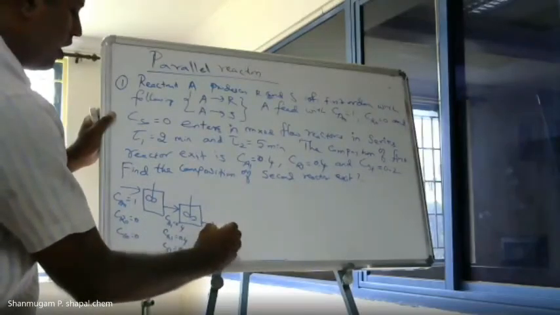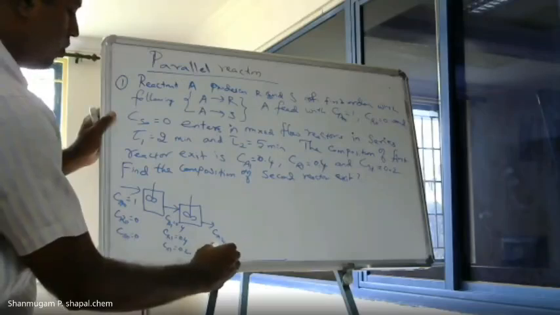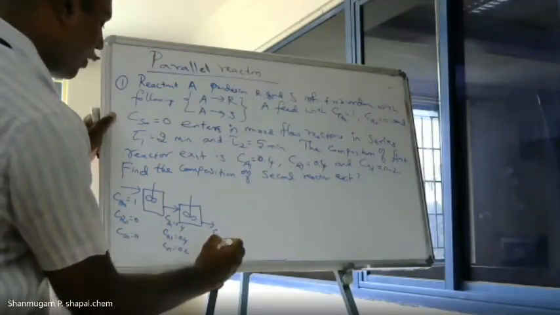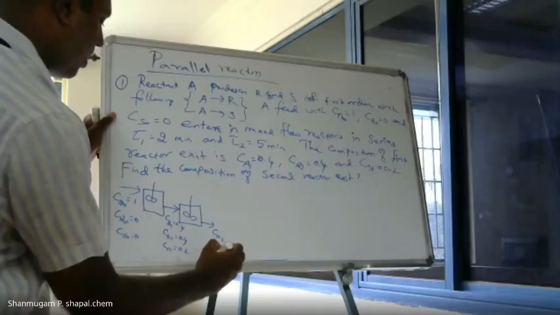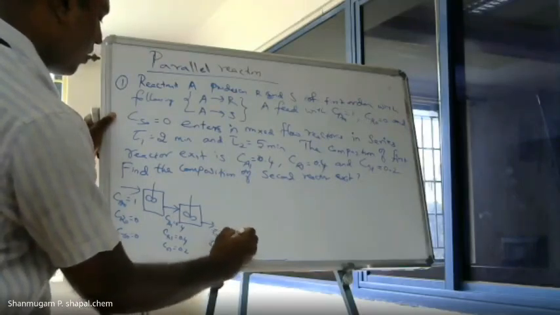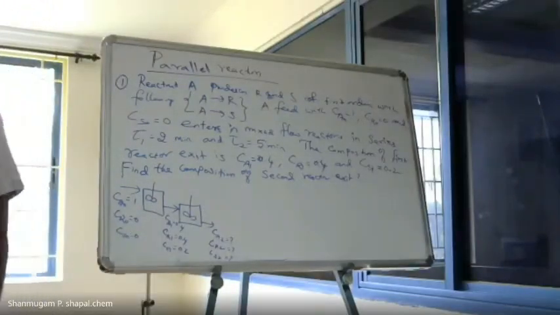And they are asking for CA2, CR2, CS2. You need to find all these three.